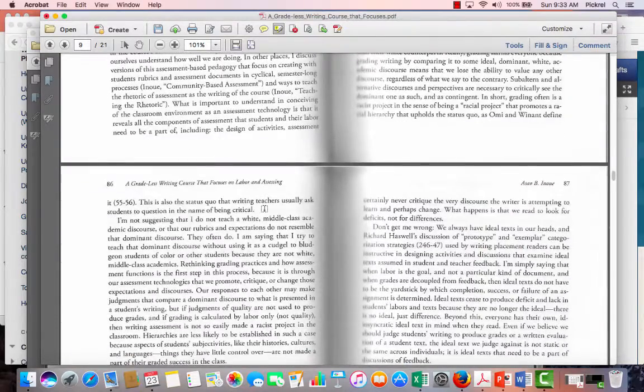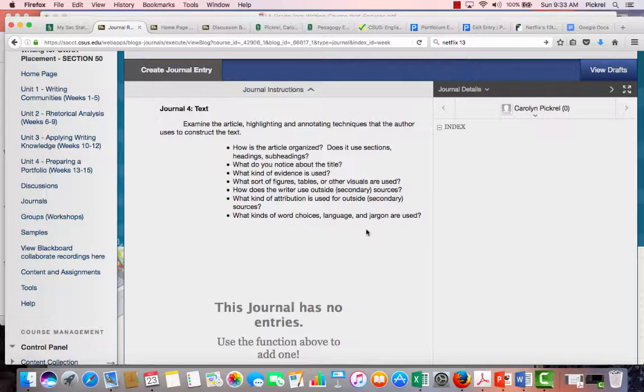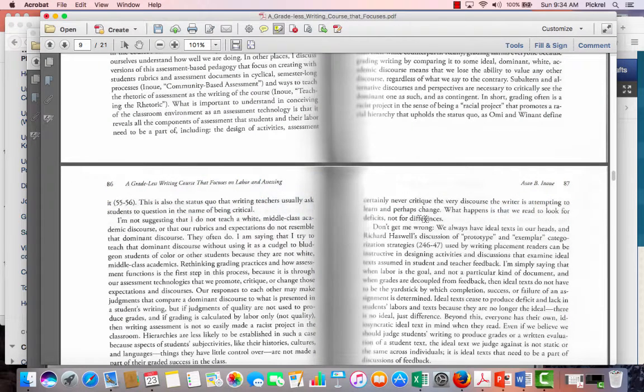And in terms of how he presents that evidence, we might also look at this second to last question: what kind of attribution is used for outside or secondary sources, since secondary sources are one of the types of evidence that he uses.